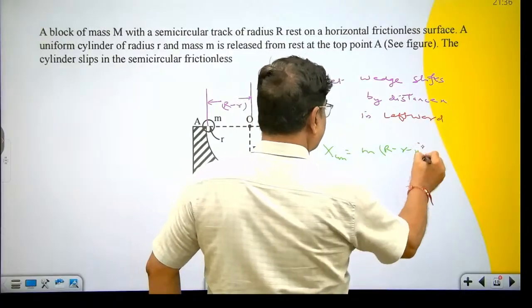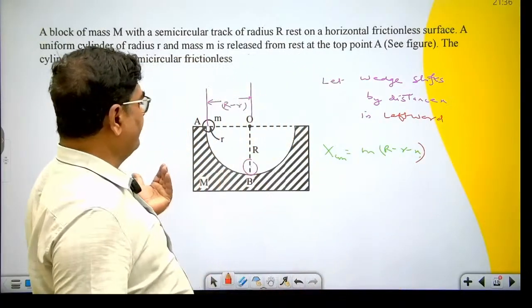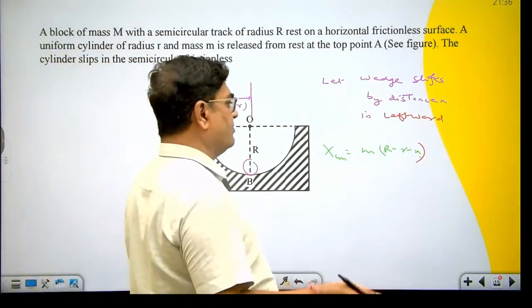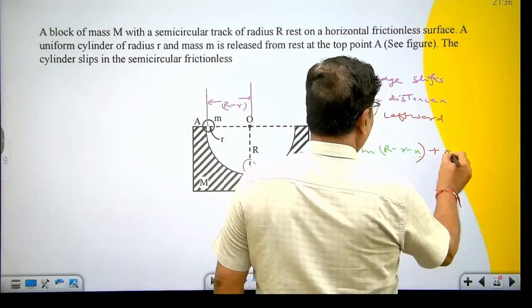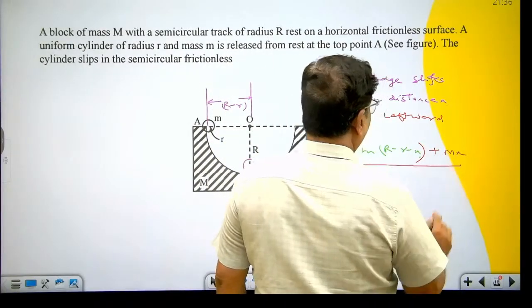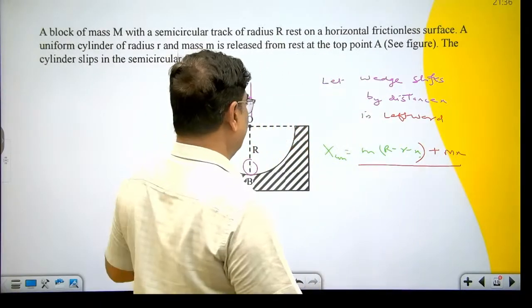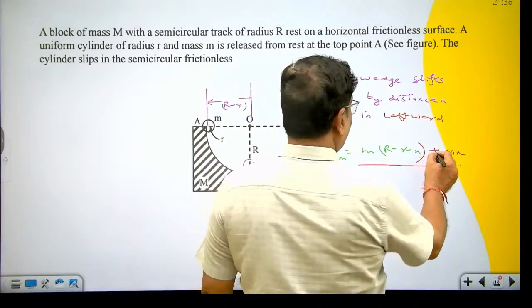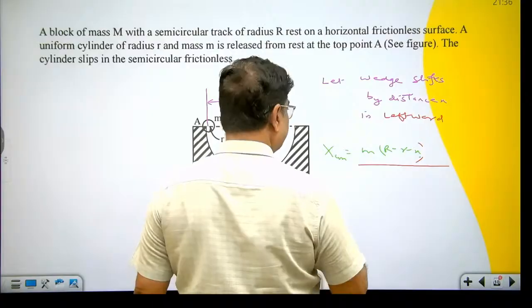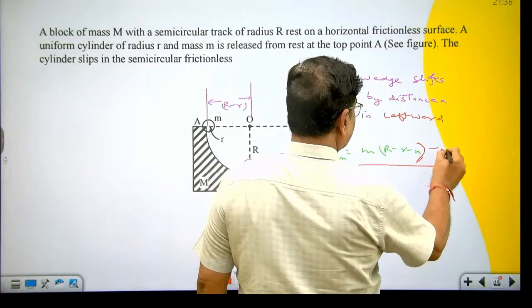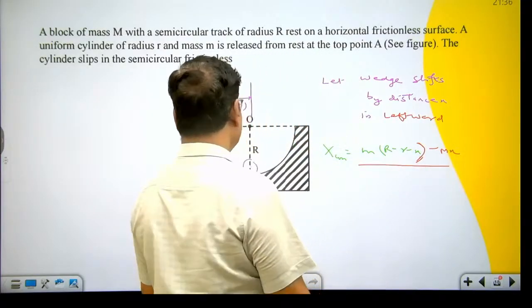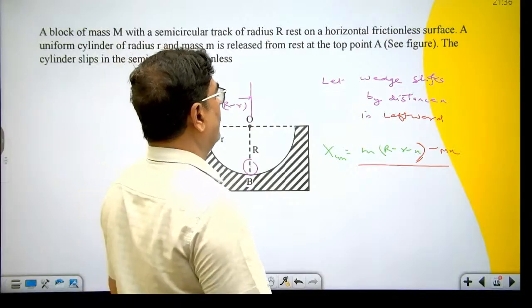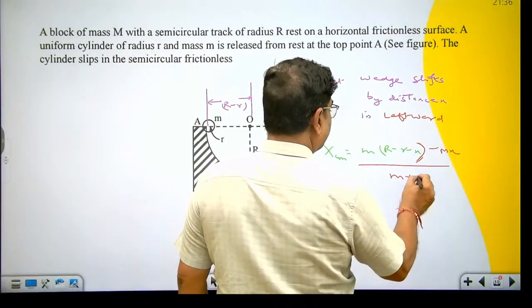Then we can write this equation as (R minus r) minus x, because the wedge has shifted by distance x. On the right side we add M into x, because we assume the shift in the leftward direction, so this will be minus x, divided by M plus m.